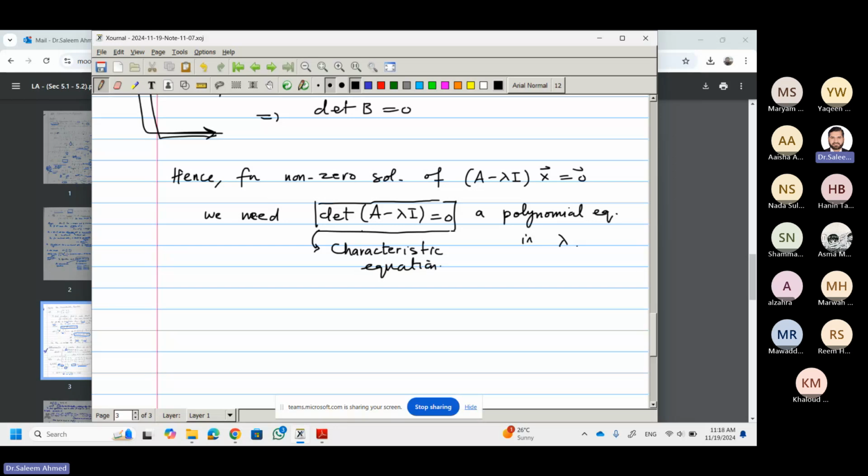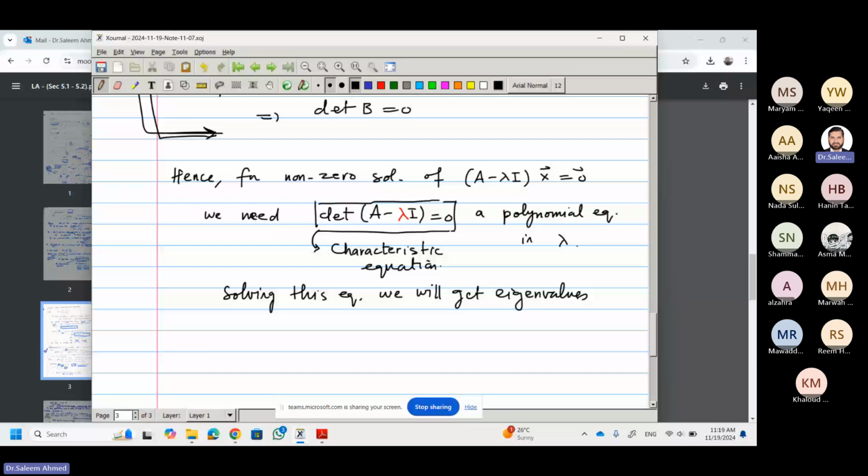Here you see there is no x, there is only lambda. So it means it will give me only the eigenvalues. Solving this equation, we will get eigenvalues lambda. So first I will get the eigenvalues of the matrix A.